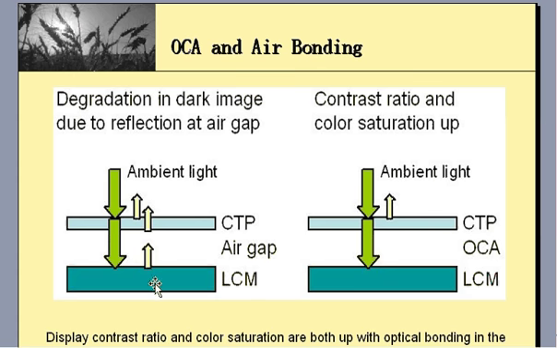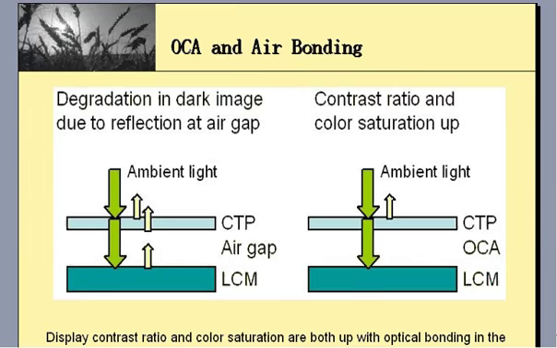From air to the TFT module, there is another reflection. But for optical bonding, we can produce OCA with a refractive index almost the same as glass. So when light gets through, there is only the surface reflection, and we can save around 8% of reflection. One surface reflection will be around 4%.